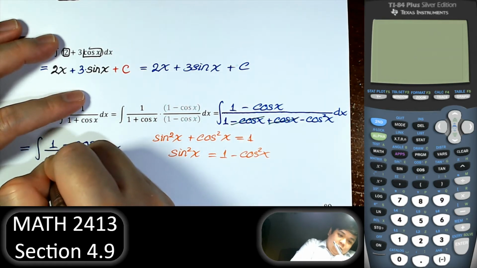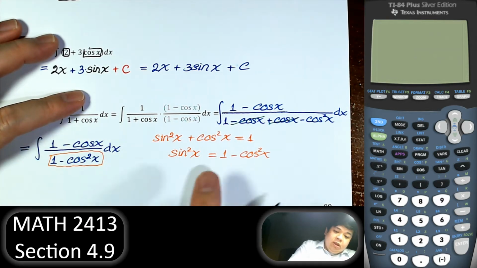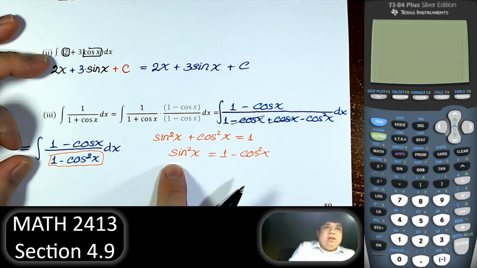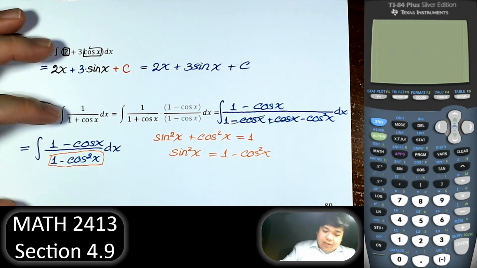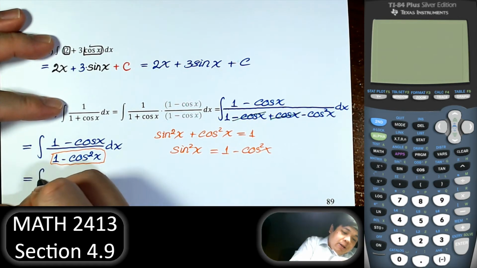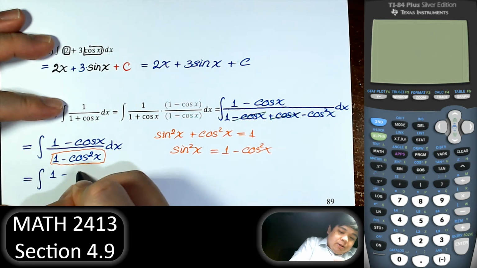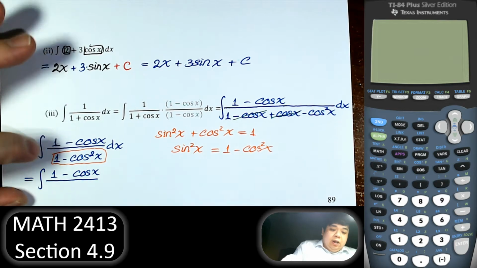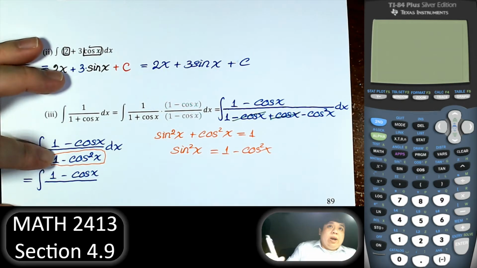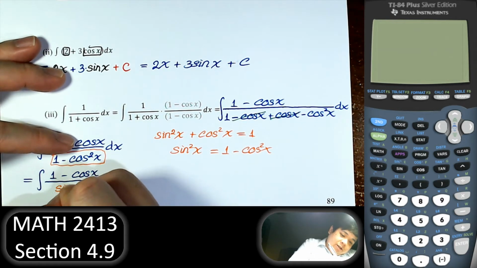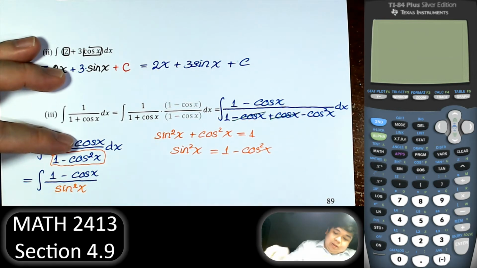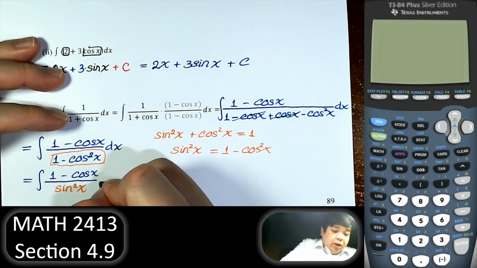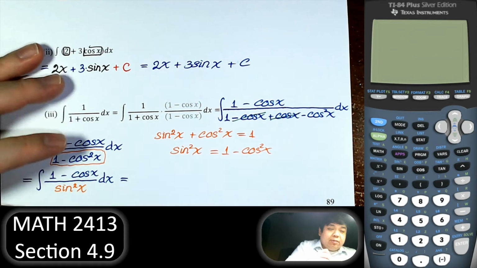So this is what we have here. It's a sine squared, right? That gives us a sine squared at the bottom.